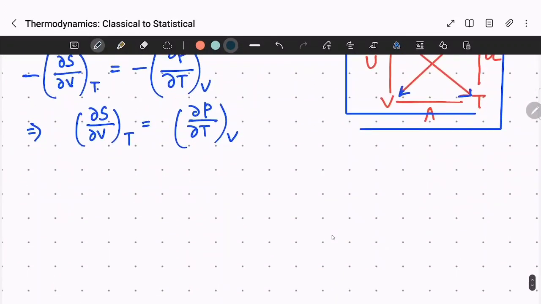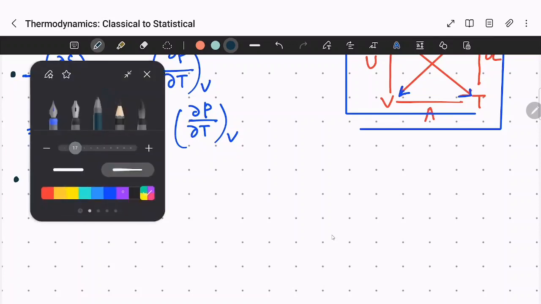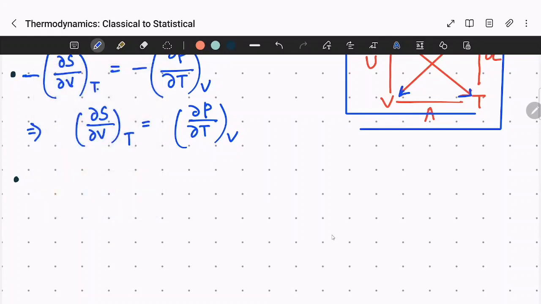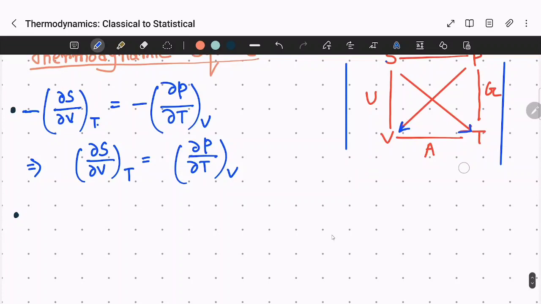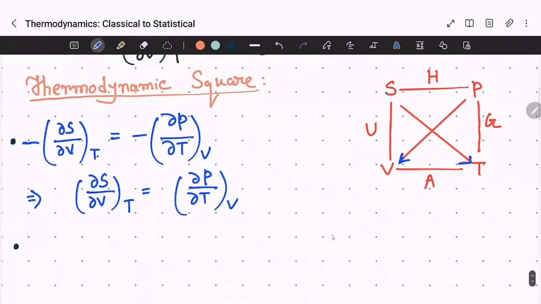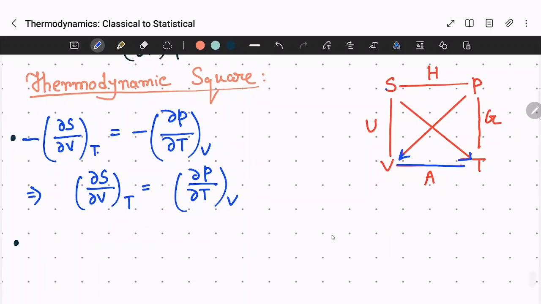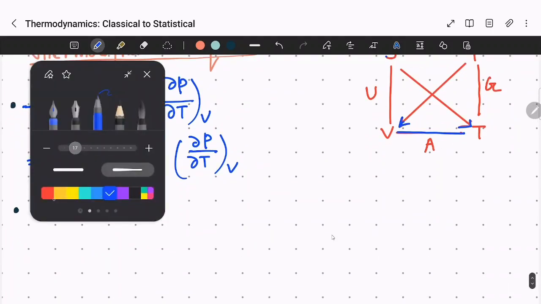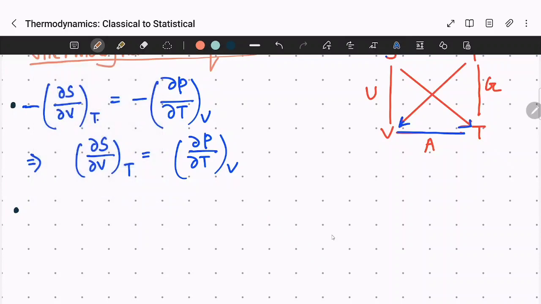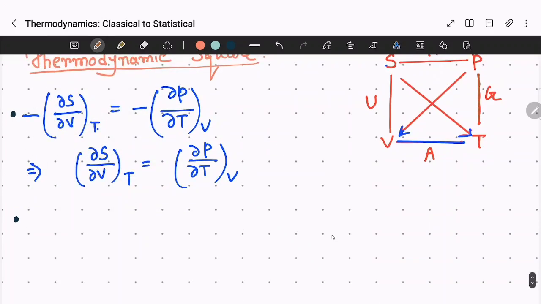From here we can also derive some other equations that are important to derive. That's why I have drawn it carefully. There are essentially four edges, right? This edge gives this equation. Now going into other edges, let's say this edge, what does it give?